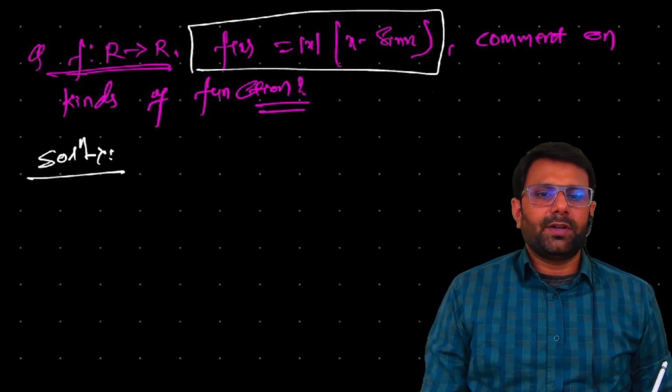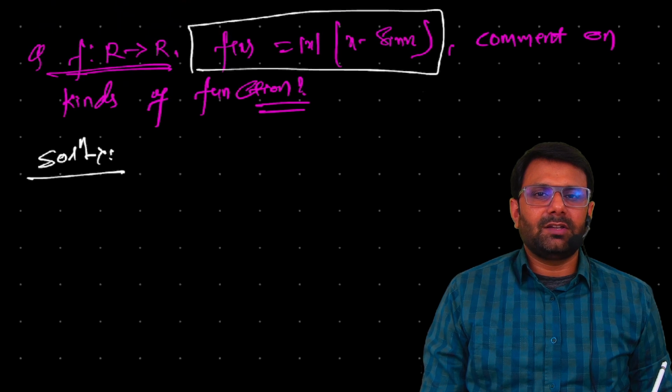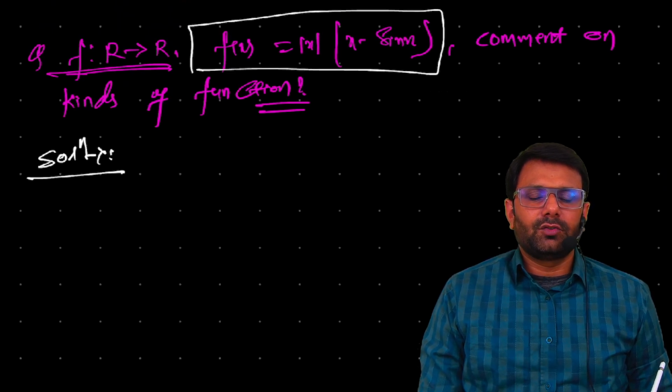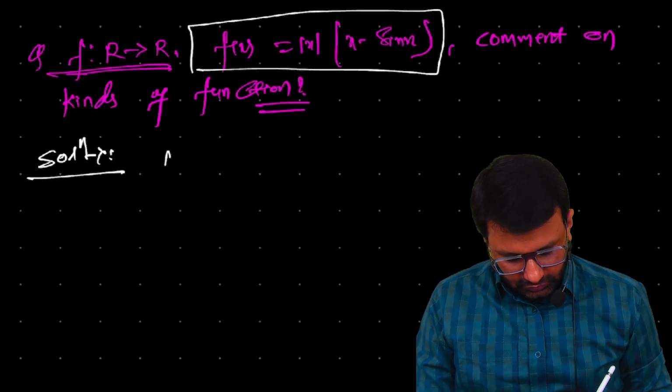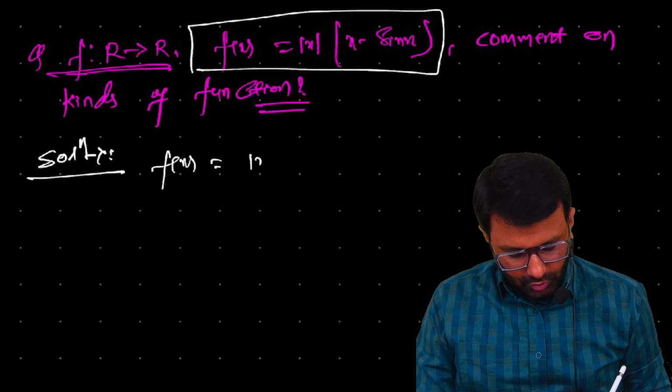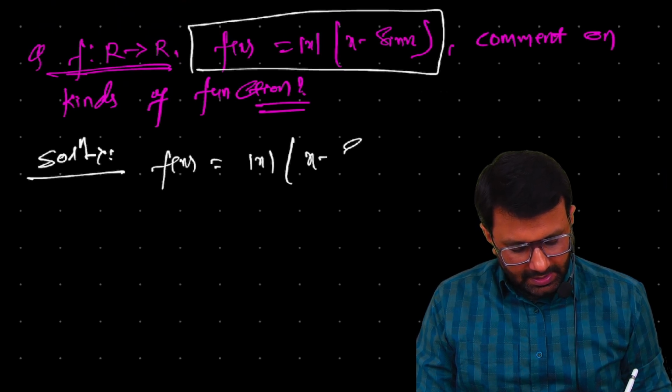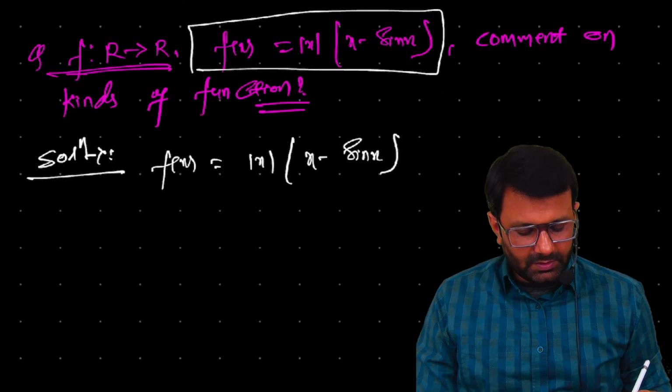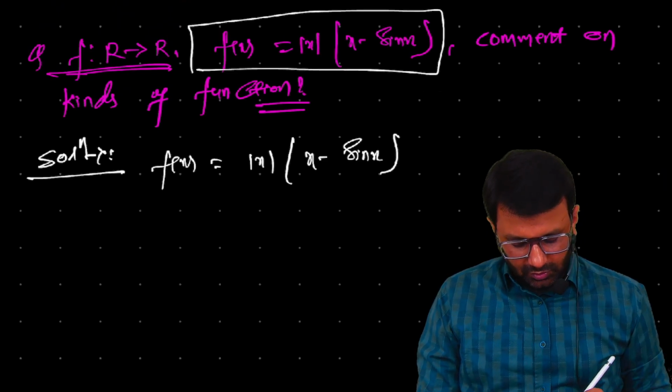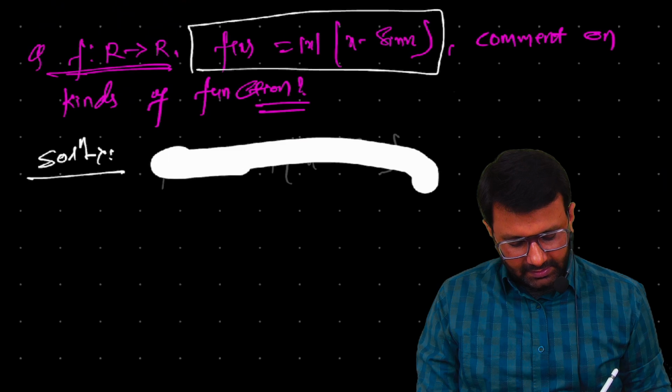You know I have already completed how to decide even and odd function. So put x is equal to minus x. This f(x) is equal to mod x into (x minus sin x) is given.